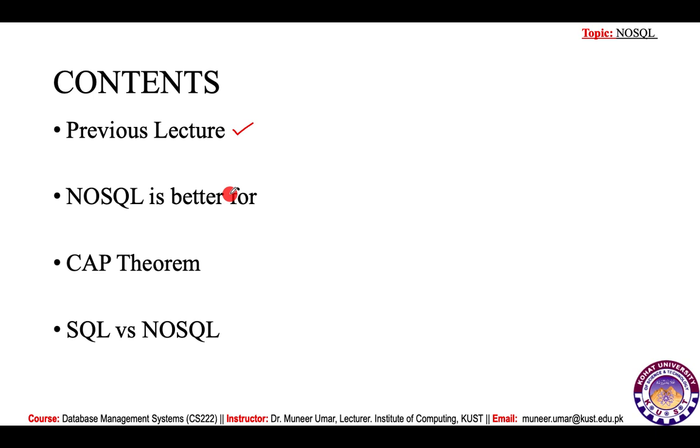So we will look into those cases in which NoSQL is better. Then we have CAP theorem. This is an important topic, and this is the base of NoSQL. So we will also study about CAP theorem, and at the end, we will have a comparative study of SQL and NoSQL.